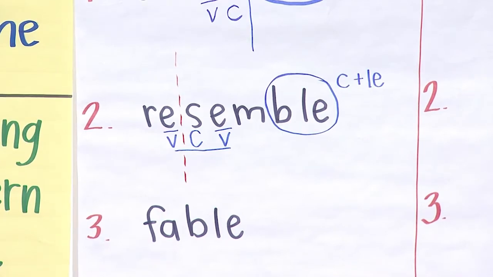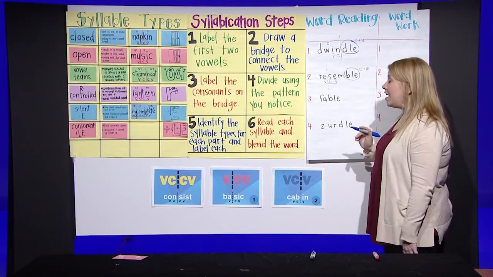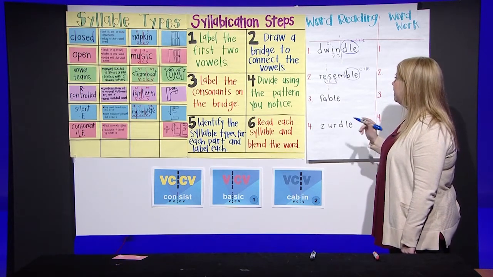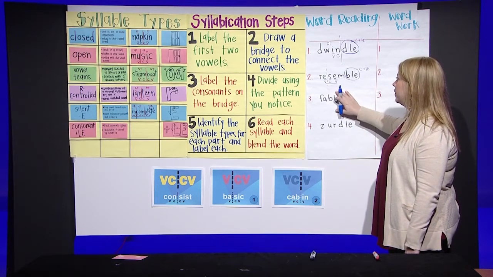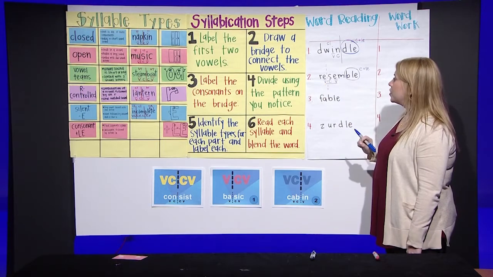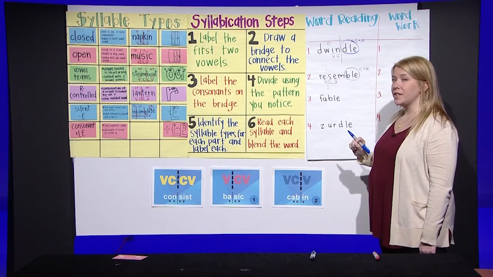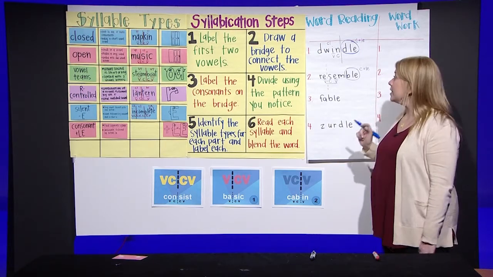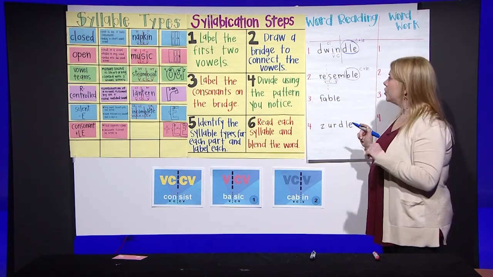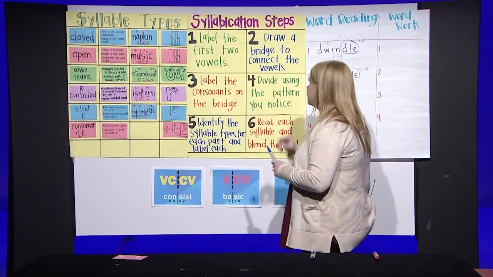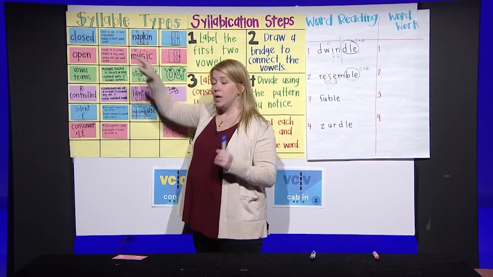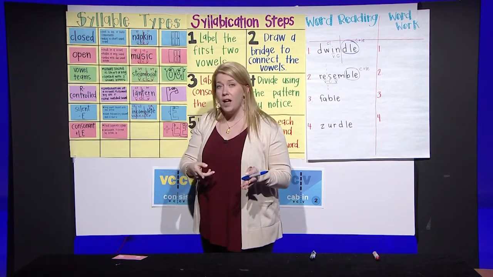All righty. Step 5 says to identify the syllable types and label each part. So let's look at the first syllable. What do you notice? It ends in a vowel that's spelled with 1 letter. So let's look back at our anchor chart. Closed syllables are going to end in consonants. Now you just told me it ends in a what?